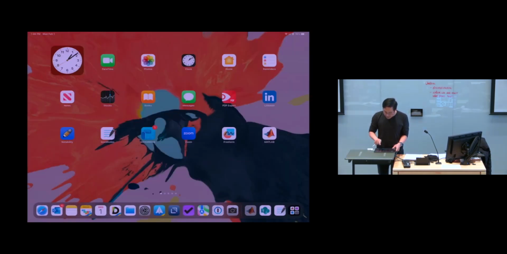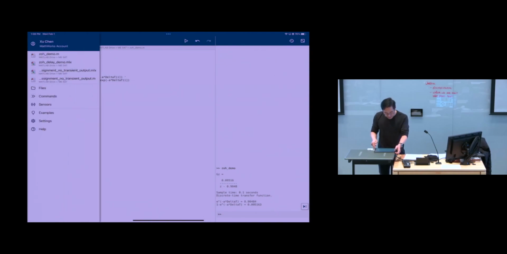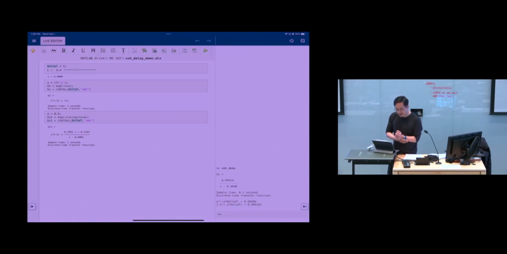So in MATLAB, I have built a little demonstration and added a few more things beyond. In MATLAB, I have assigned my delta t to be 1, and this L value I can change to any number between 1 and 10.